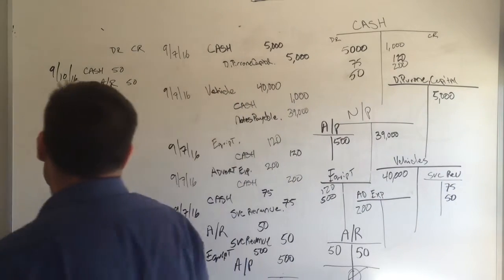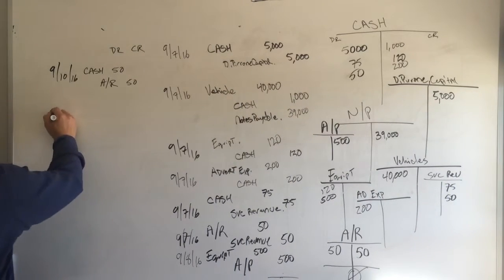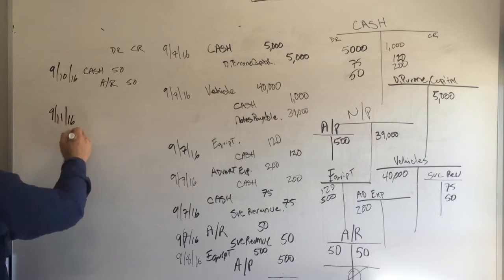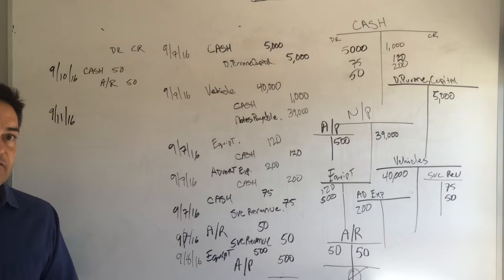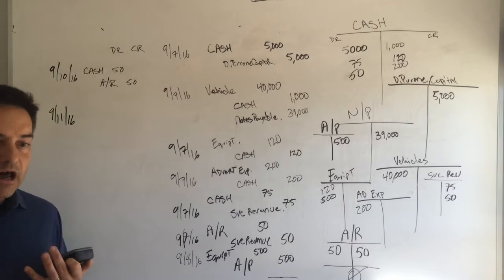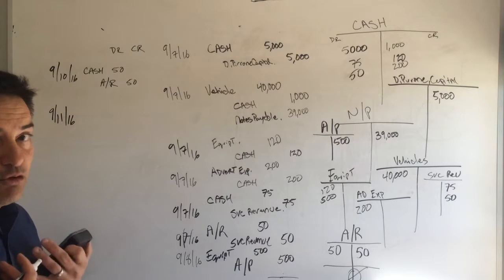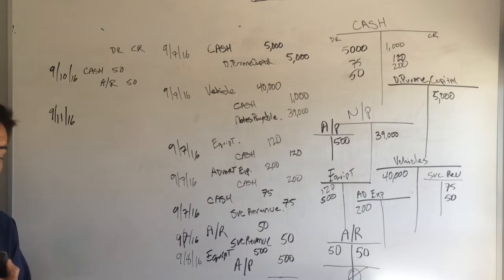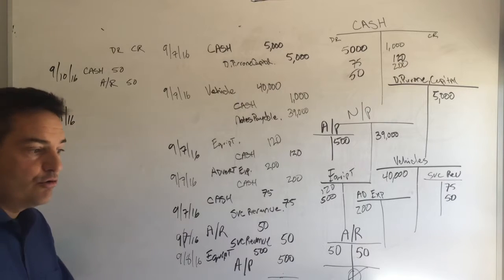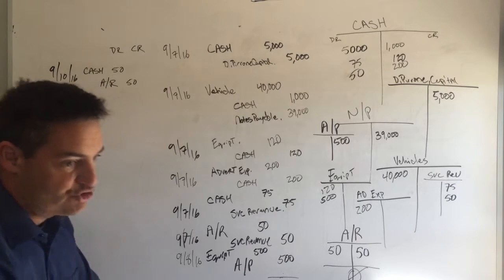The last transaction that we did, we'll just say that happened on 9/11. And what we did is we decided we needed to withdraw $1,000 to pay our own mortgage. So the owner is pulling money out of the account themselves. All right. So when an owner pulls money out, that's called a draw.